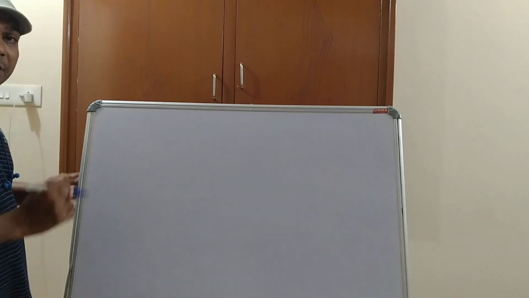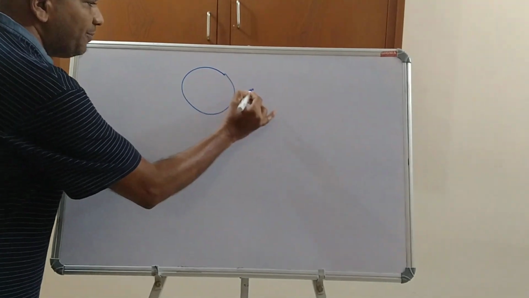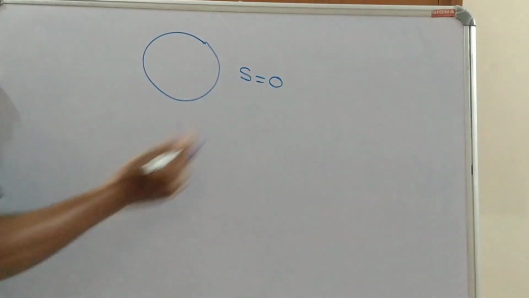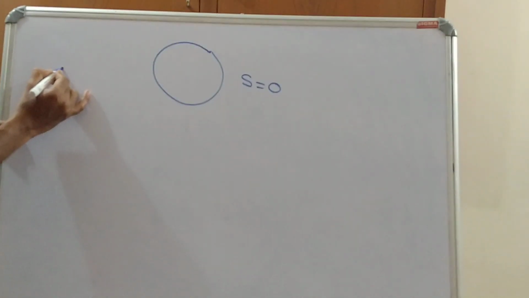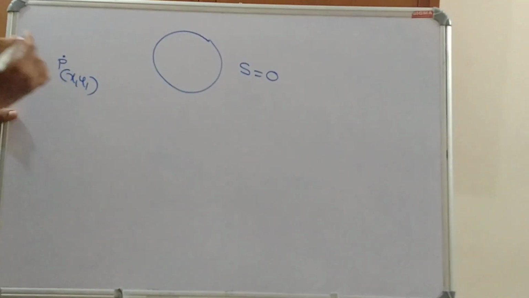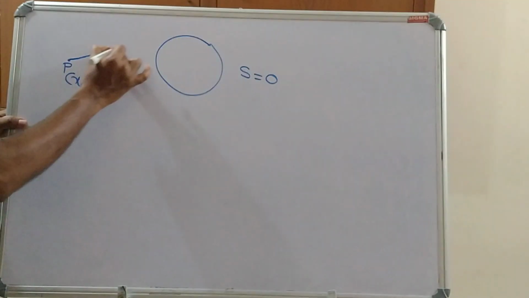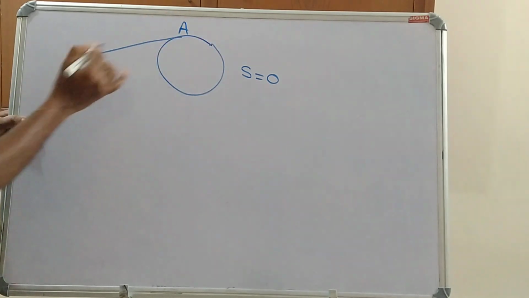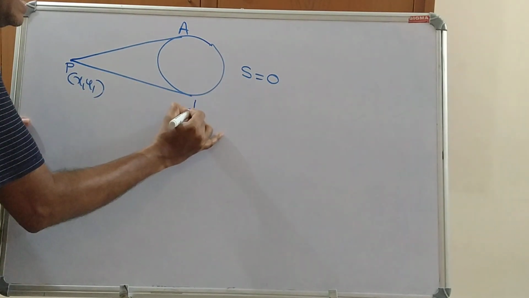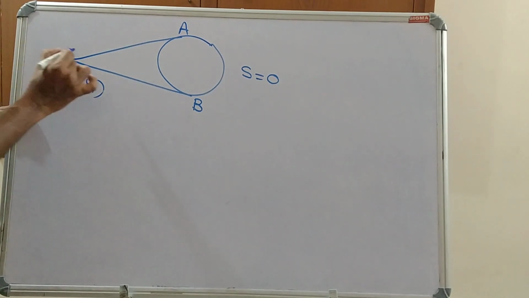So let us take a circle S = 0. From the external point P(x1, y1) we can draw two tangents, PA and PB. Now the angle between the tangents is theta.